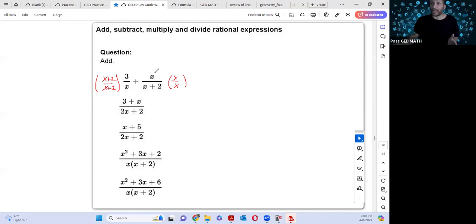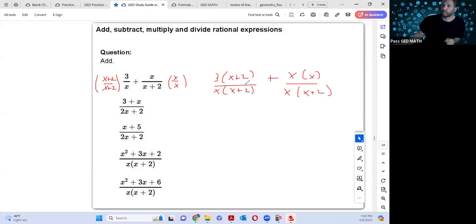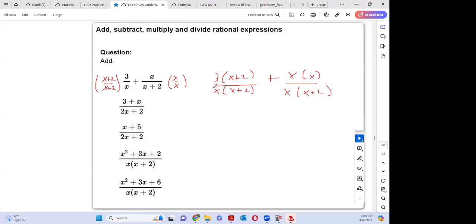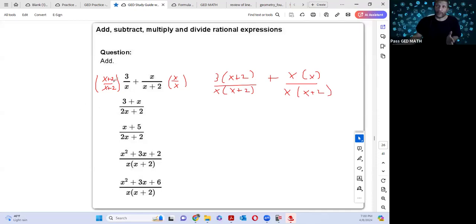So now multiply across. So I get 3 times x plus 2 over x times x plus 2, plus x times x over x times x plus 2. Does everybody understand how I got to this point? Very easy. Remember, I told you I'm multiplying by x plus 2 over x plus 2.